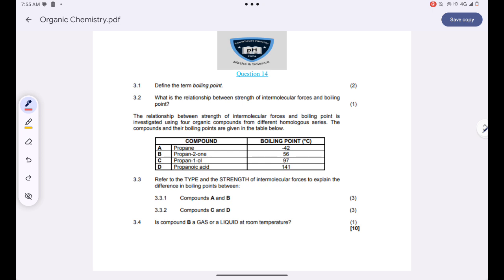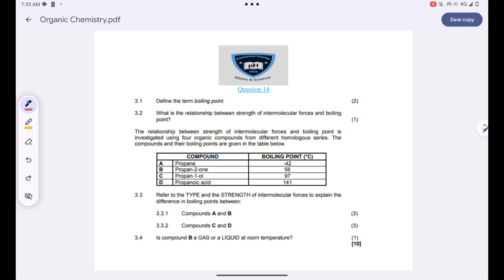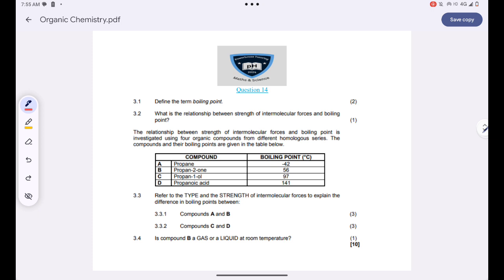Right now we are focusing on the intermolecular forces and the factors which are being affected by intermolecular forces. However, in all the 33 videos that I will upload here on YouTube, please note that I will cover all three sections of organic chemistry. It's very important for you guys to understand how to tackle these exam questions.